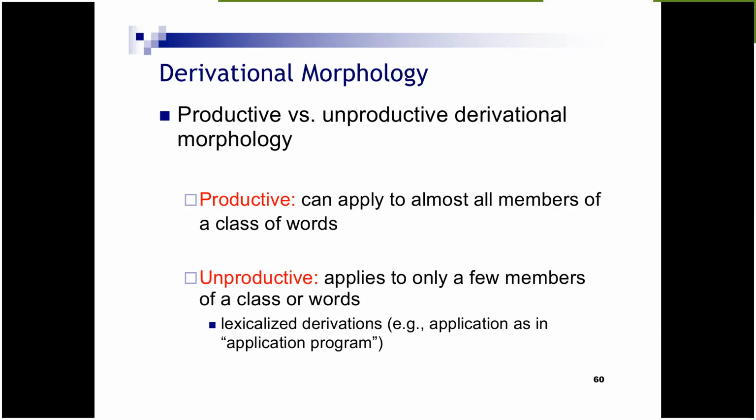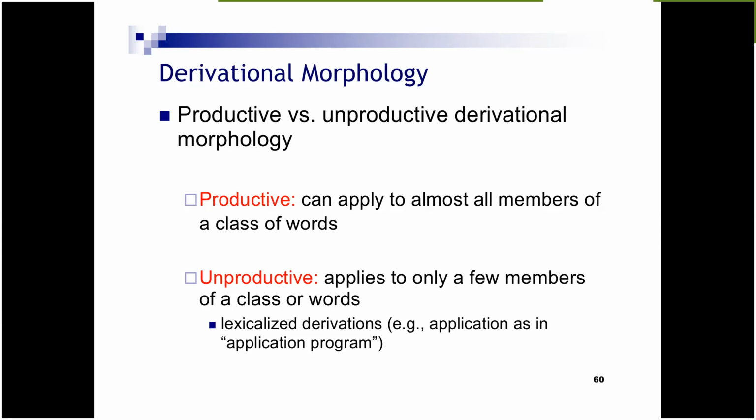And then there's unproductive. I think in Kinyarwanda it's mostly unproductive because, for example, the kugenda, umugenzi example doesn't apply to all verbs. It might apply to many verbs, but you cannot apply that process to any type of word.